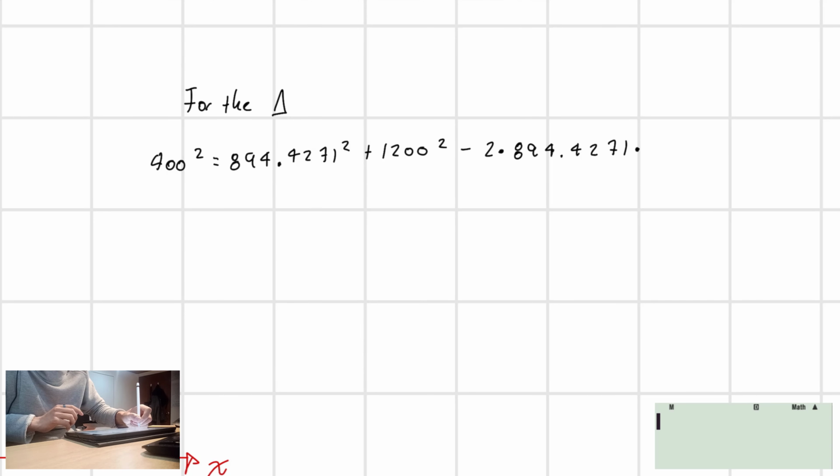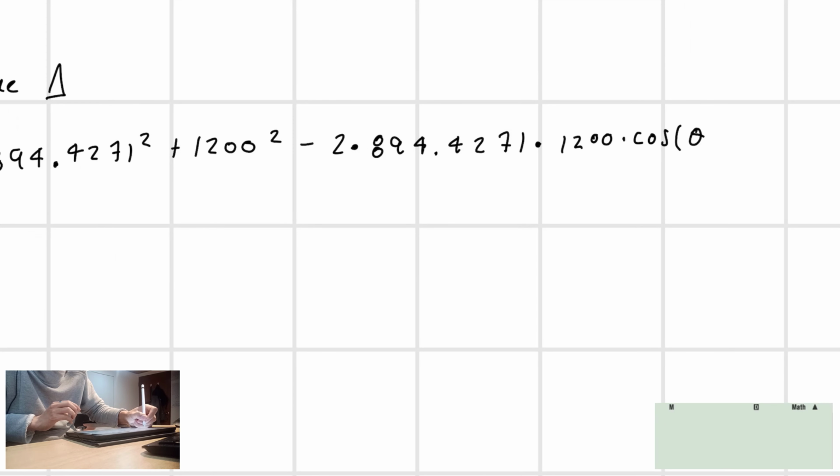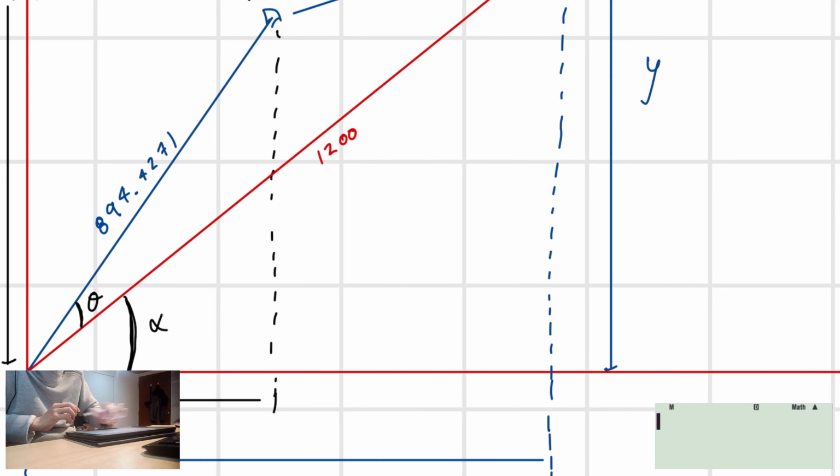Now multiplied by 1200 multiplied by the cosine of the angle theta, right here, this one.